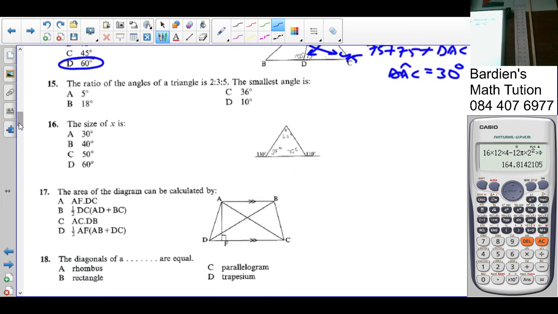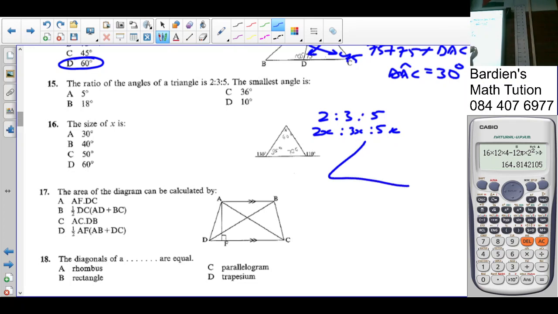The ratio of an angle is 2 is to 3 is to 5. Okay? The smallest angle is, remember, that is 2x, 3x and 5x. Why? Because these are ratios.